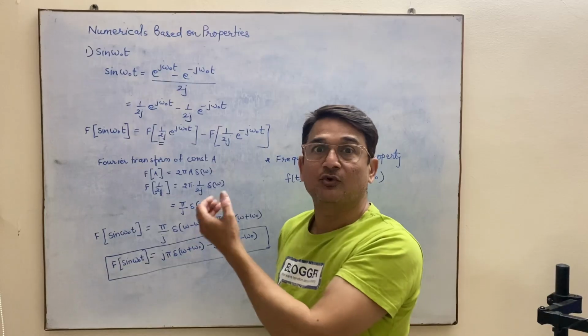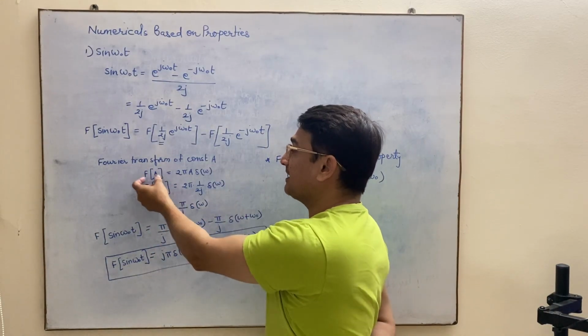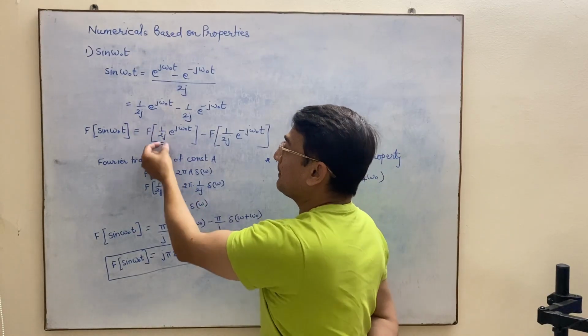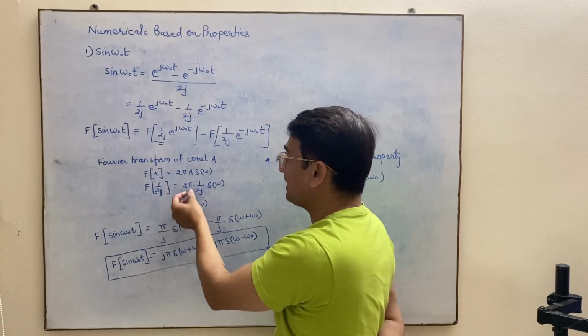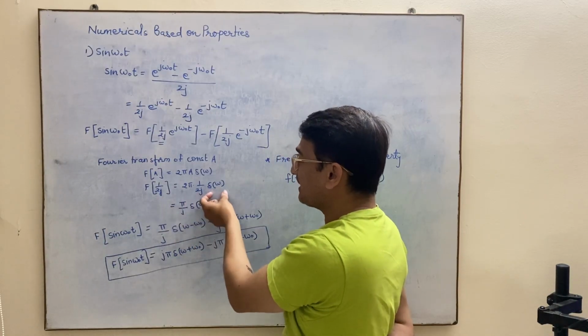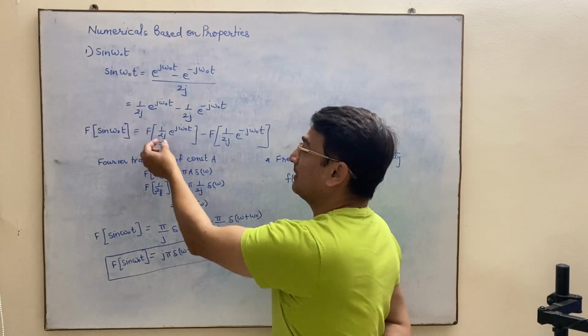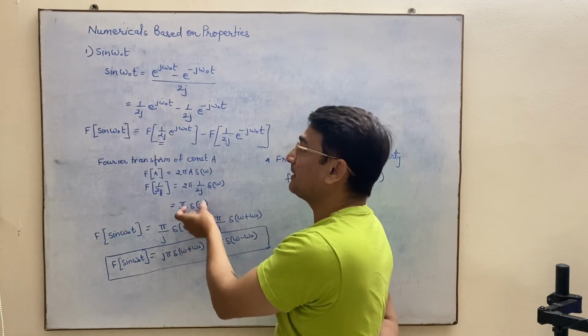Those who have already seen the video know that the Fourier transform of any constant is 2 pi A delta omega. Here 1 by 2j is a constant, so instead of A I put 1 by 2j. So 2 pi into 1 by 2j delta omega, the 2 and 2 get cancelled, so it will be pi by j delta omega. That means the Fourier transform of 1 by 2j is pi by j delta omega.